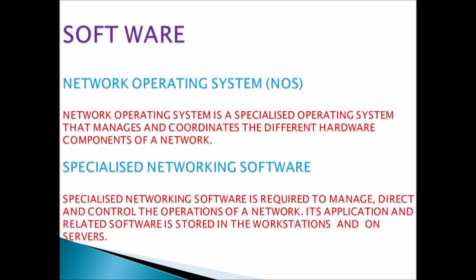So the three major tasks are done by the SNS. Its application and related software is stored in the workstation and on the servers. So both the NOS and SNS and all the related software are stored in the workstation and also on the servers.